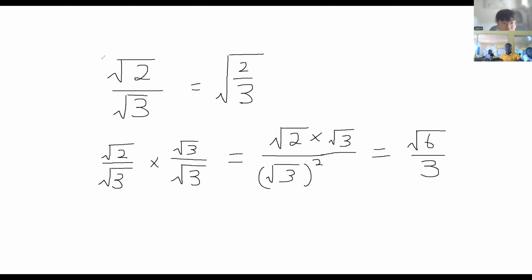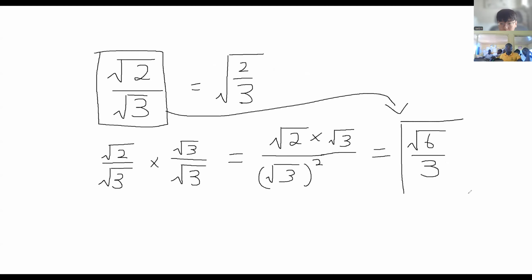So square root 2 over square root 3 becomes square root of 6 over 3. If you're told to rationalize this, you would put square root of 6 over 3. These are the same numbers; we just changed them to this form.